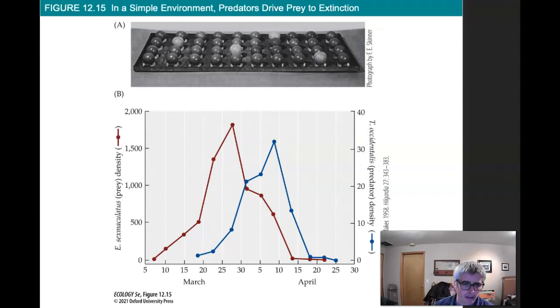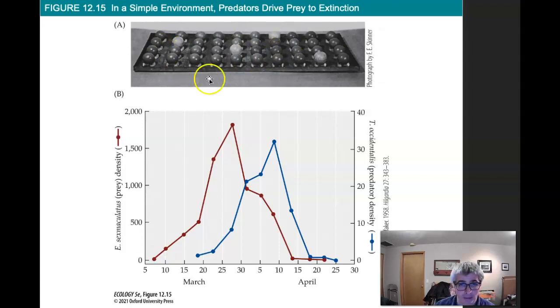This is that experiment where they took, it was kind of funny because it's like two different mites. There's a herbivorous six-spotted mite, and then a mean predatory mite that eats the six-spotted mite.